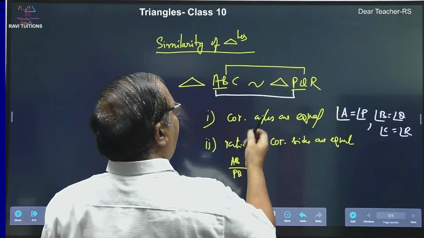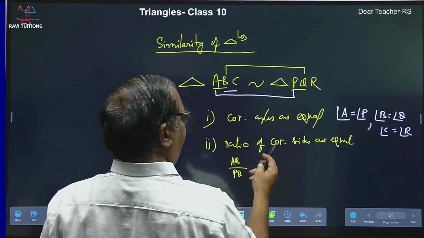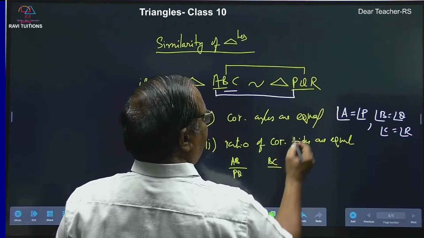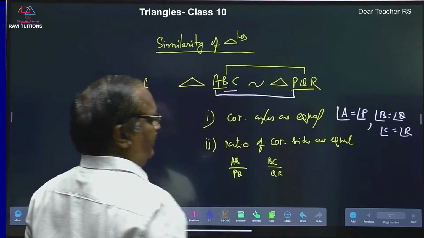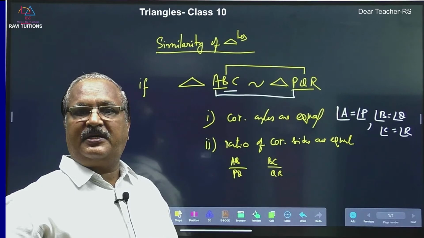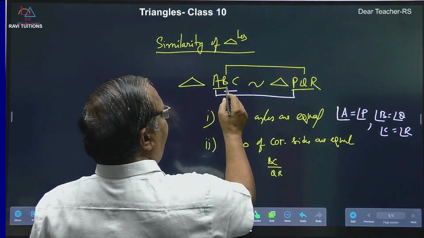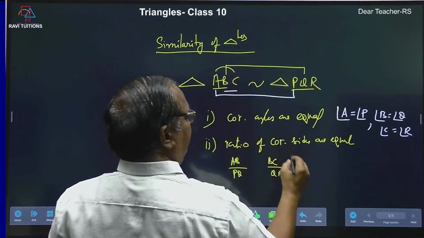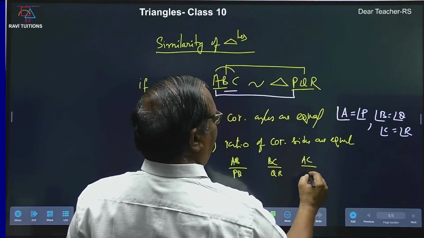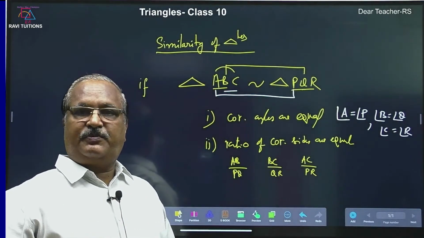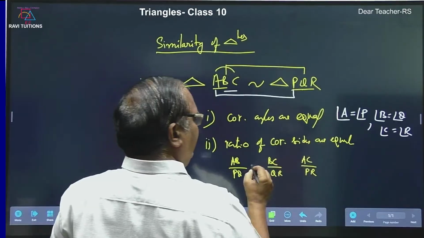The second side BC, so BC by QR is the second pair of corresponding sides. The third pair automatically will come. AB came, BC came, AC will come. So AC by PR. This is the ratio of corresponding sides, and they are equal.